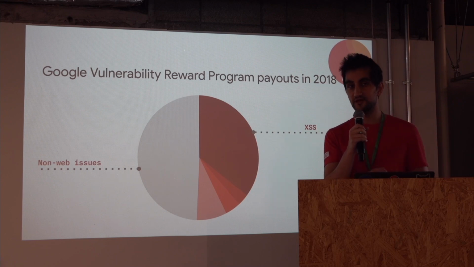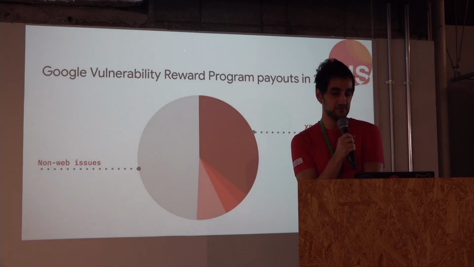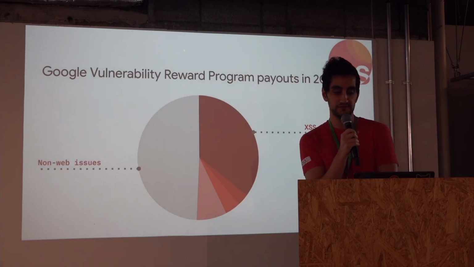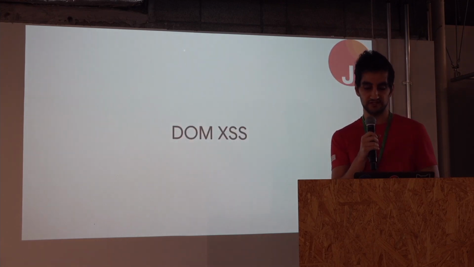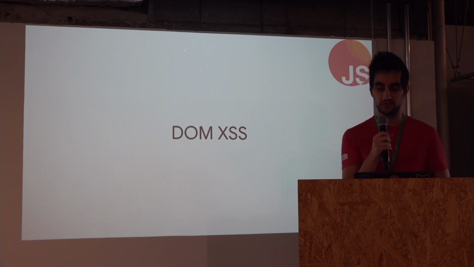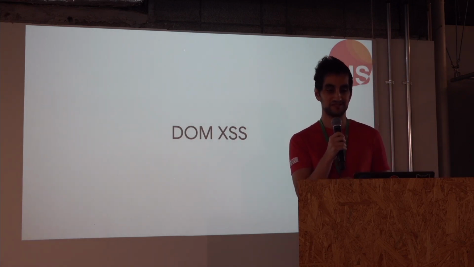There are different types of XSS, but I'm going to focus on a specific one, which is probably the trickiest one to deal with in general, the DOM XSS ones. I'm not going to mention the reflected and stored categories, but they also exist.